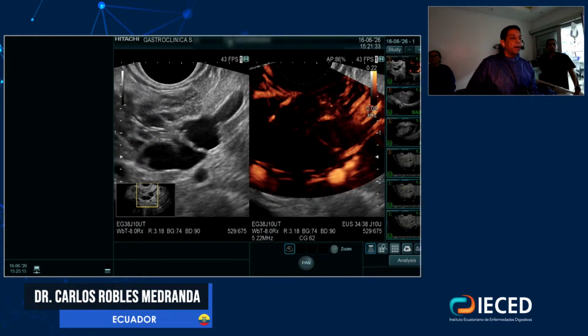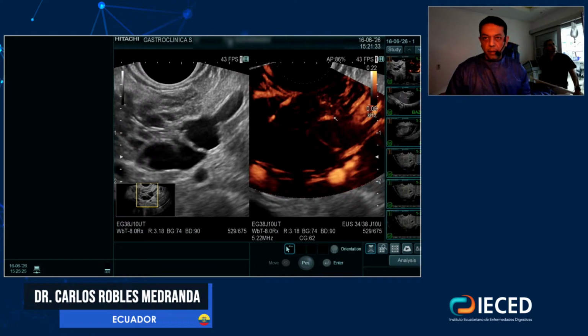With the DFI system, this is very interesting, because with this technology we can replace the contrast just to see the microvascularization. The only thing is that we cannot see the washout, and the other possibilities that we can have with the contrast.